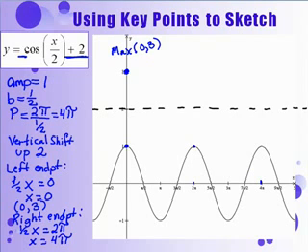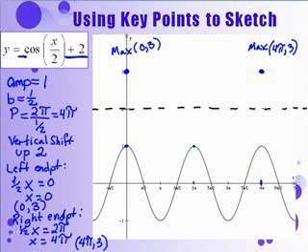So we're going to go over here to 4 pi, and we're going to put a point in at the maximum, which is 3. So our second endpoint is at 4 pi, 3.